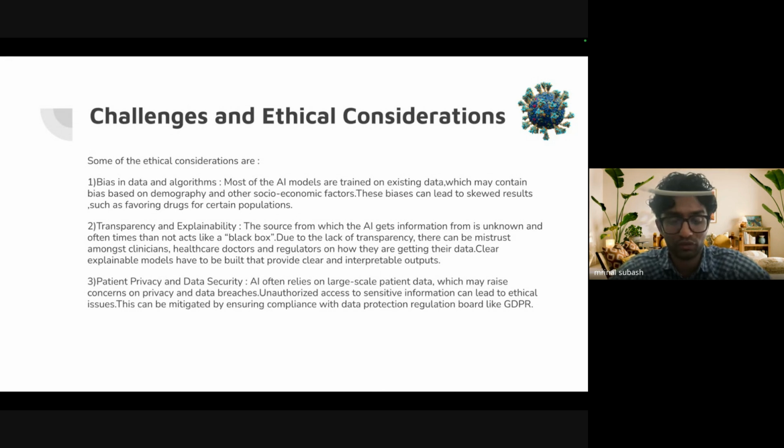I would propose that in the future there must be a certain set of rules governing the creation of generative AI, especially for the drug repurposing aspect.